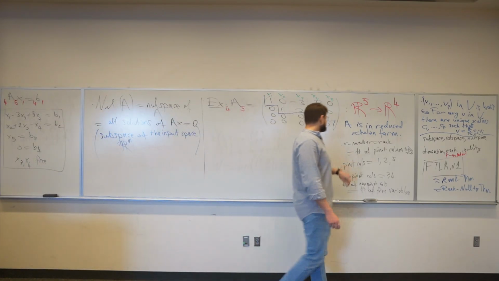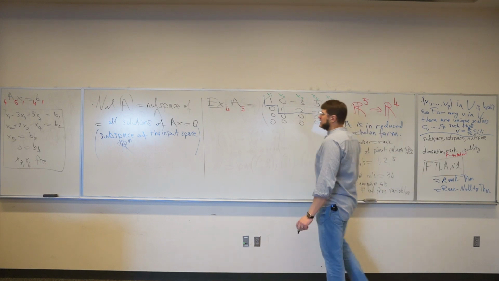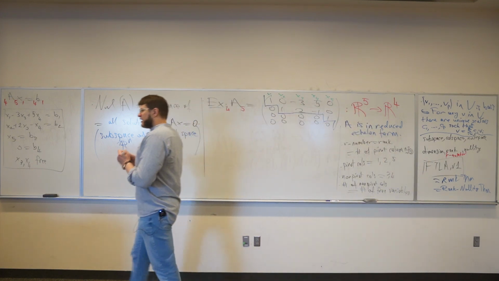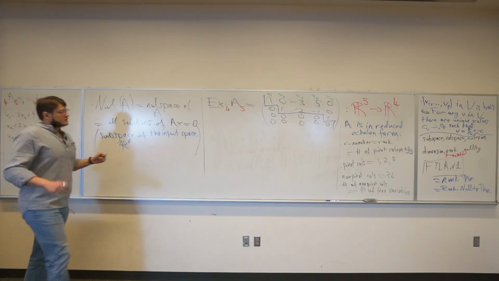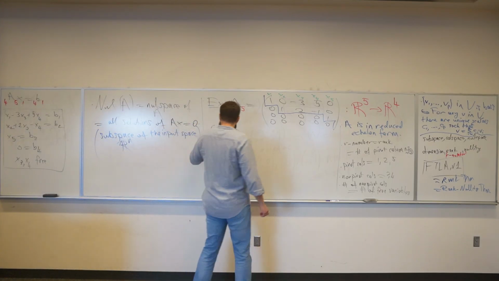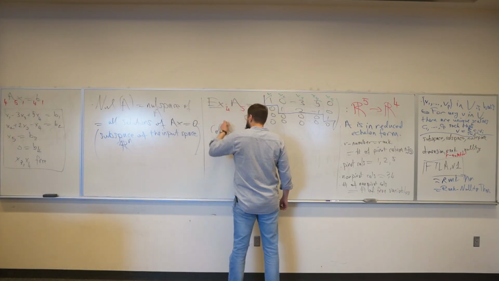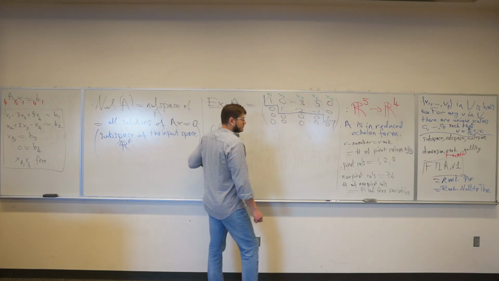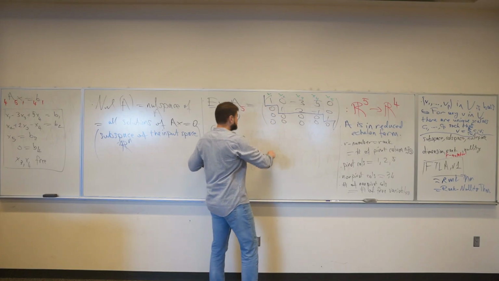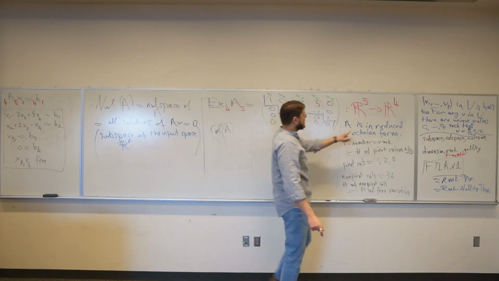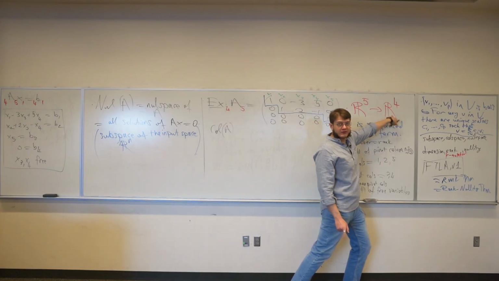Let's now switch over to figuring out the column space and the null space. Column space is the space of columns. So I just look at all columns, look at their span. Each column is 4-dimensional. So this column space is going to be a subspace of the output space.